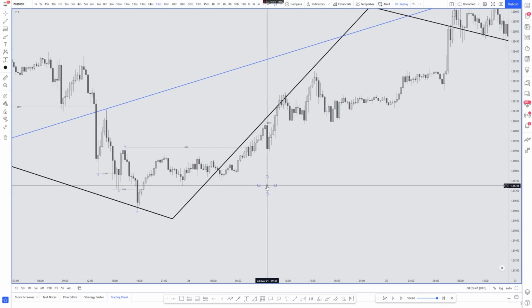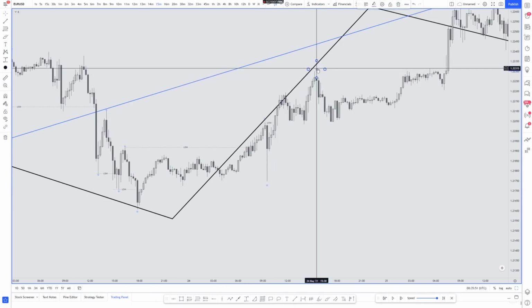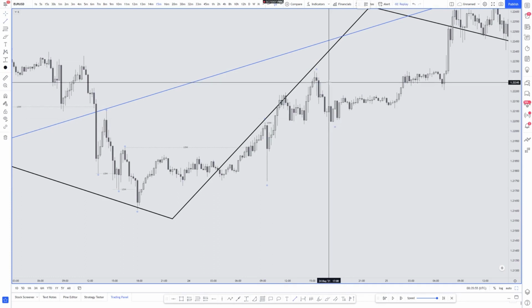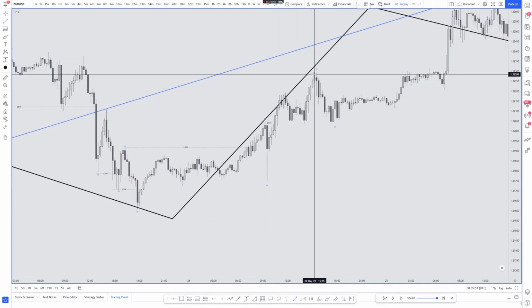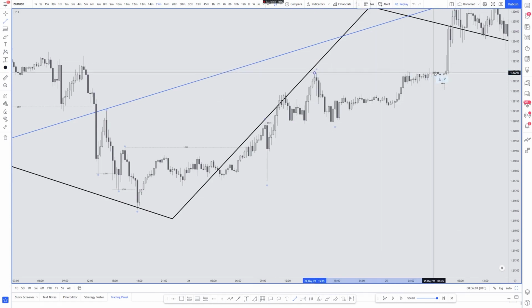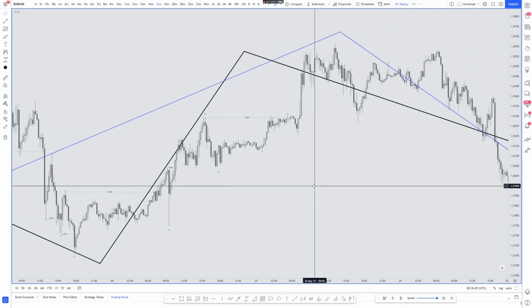Now, I'm just going to call this impulse our end of impulse, and this our pullback here. This is right around that 10-15 pip range. If you didn't want to call it structure, you don't have to. If you do, you can. I don't really think we need to.